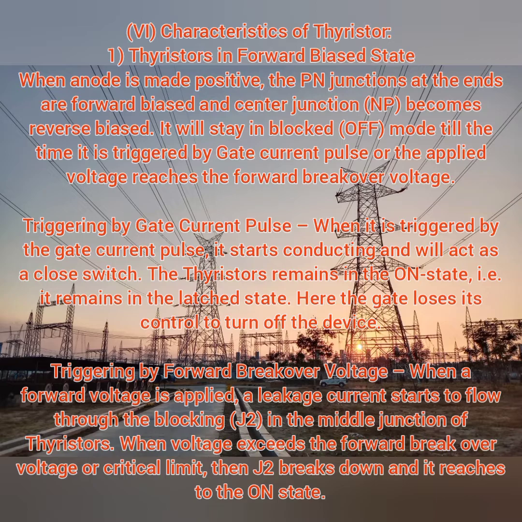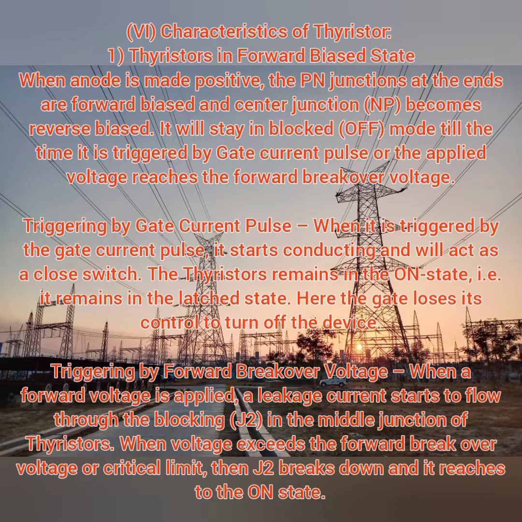So next is your forward breakdown voltage. When forward voltage is applied, the leakage current starts to flow at your J2 junction, the middle junction of your thyristor. When the voltage exceeds the forward breakover or critical limit, the J2 junction, which means the second junction, will break down and conduction starts.